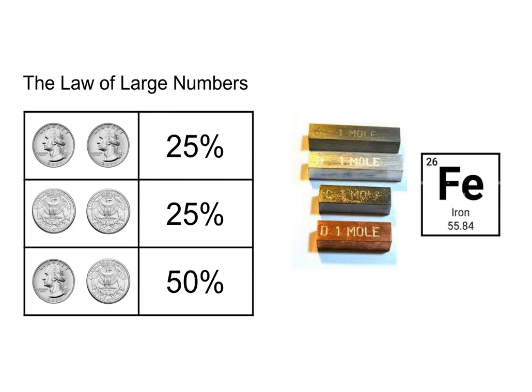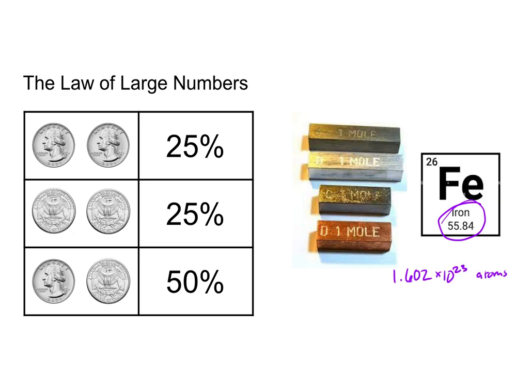So when I'm talking about nuclear decay, it's really important that you are aware that we are dealing with huge samples of atoms. For example, if I have 55.84, let's say 55 grams of iron, what that means is I have 1 mole of iron, or 1.602 times 10 to the 23rd atoms.